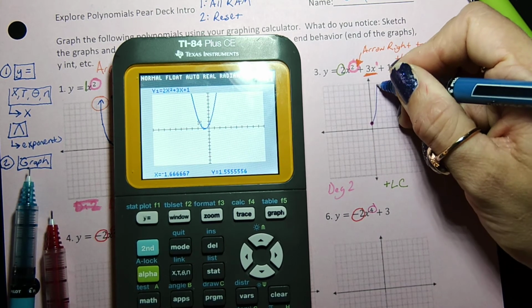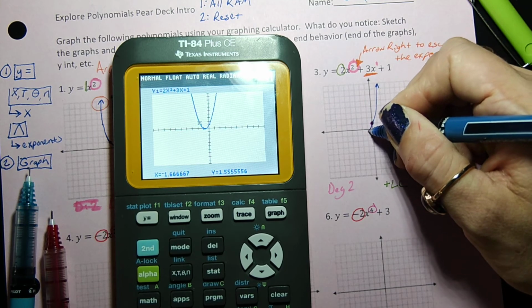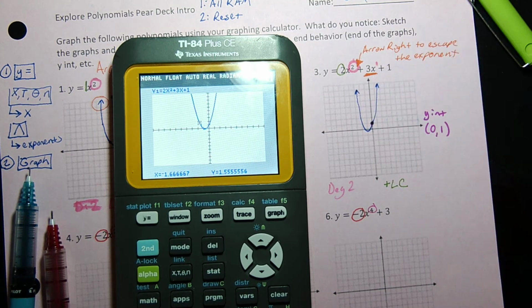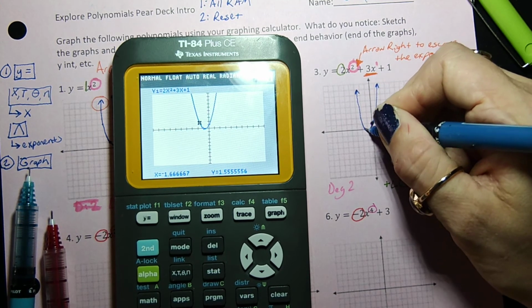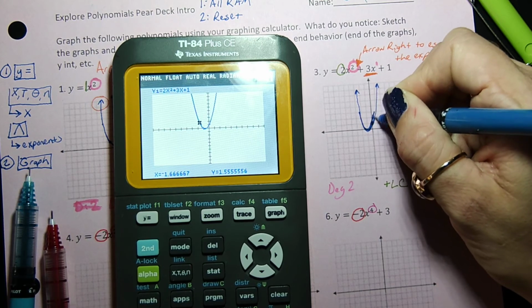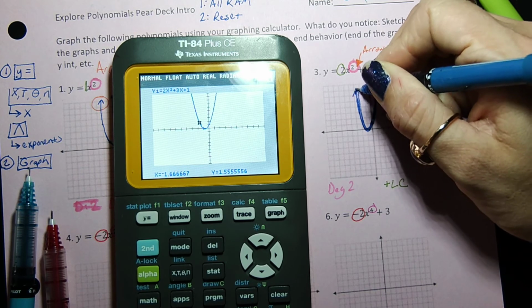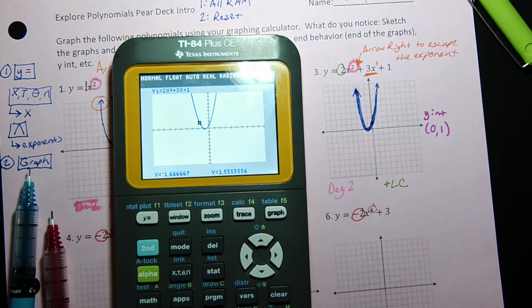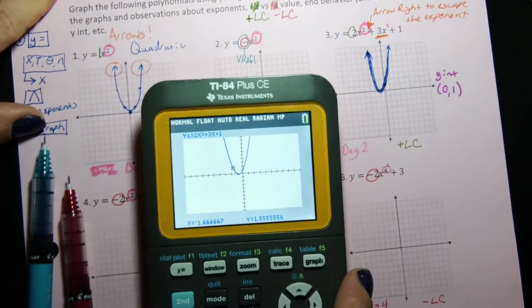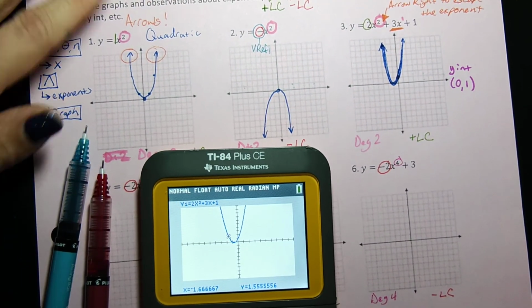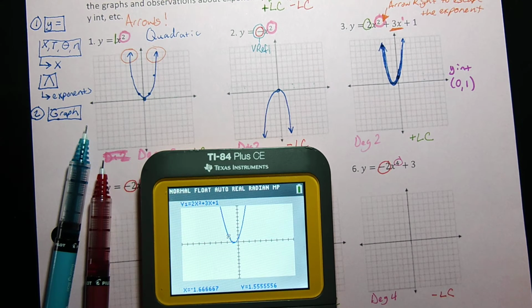So curving up, and then it sort of curves down there. And that was not a great quadratic. Let's try to make that a little bit better. Making it worse. So it is another quadratic, and it has a y-intercept of 0, 1. Going back to these graphs, what was our y-intercept for these two?